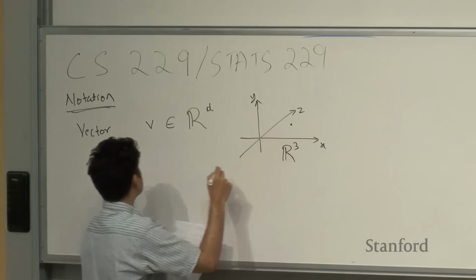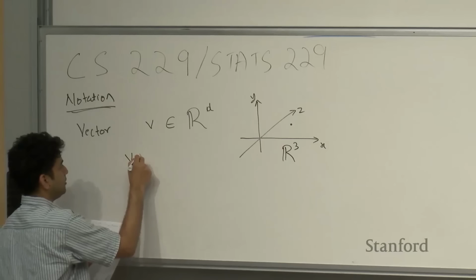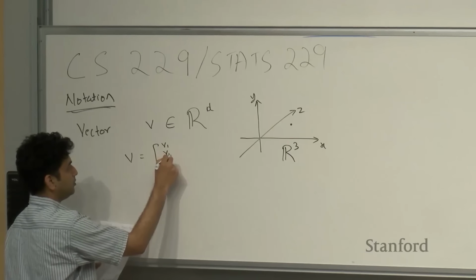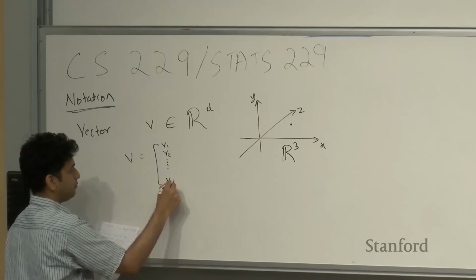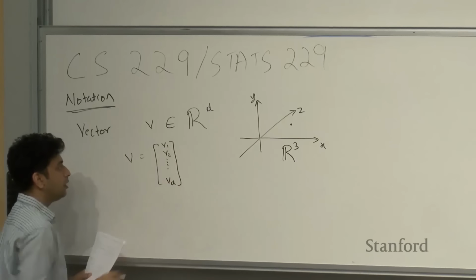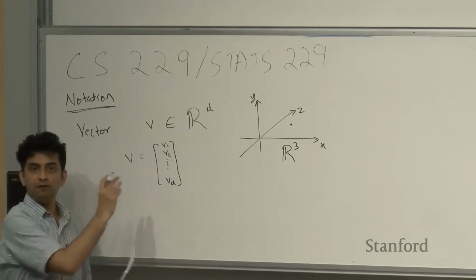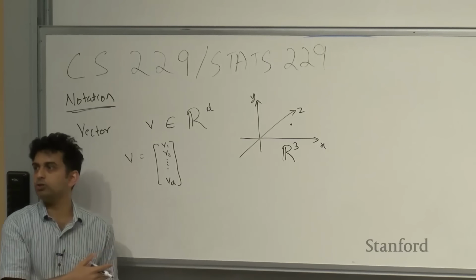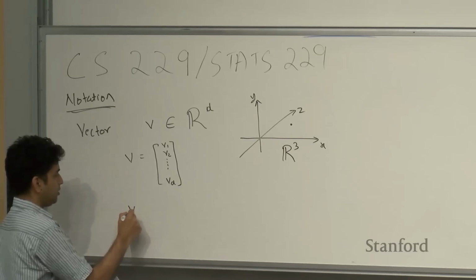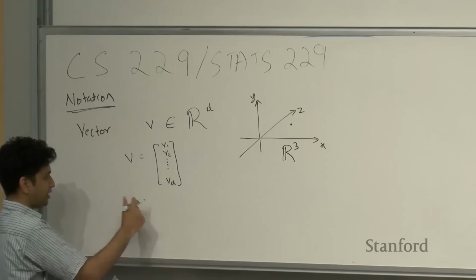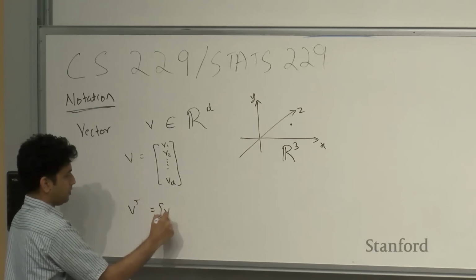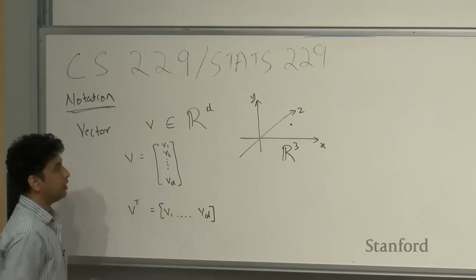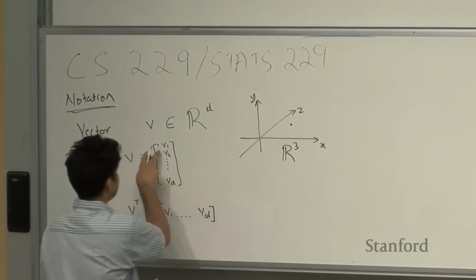This vector can also be represented as V1, V2, up to Vd. A vector is generally considered a column vector, and we write it as a column in this course. You can also write a row vector as V transpose, which is V1 to Vd. What do these numbers mean?